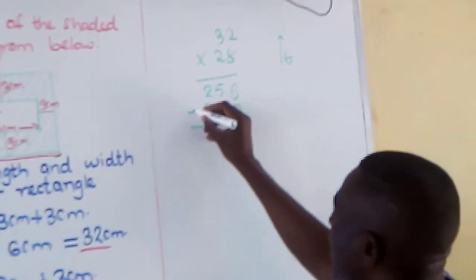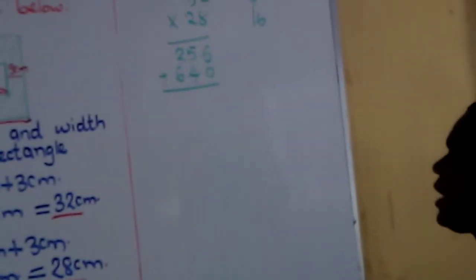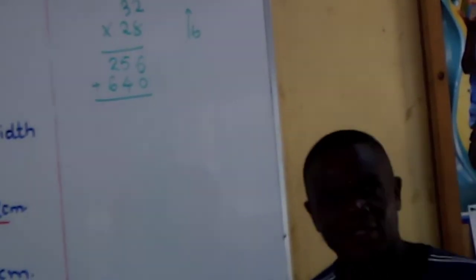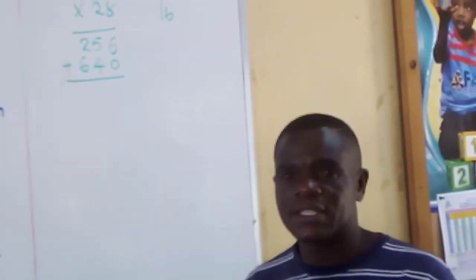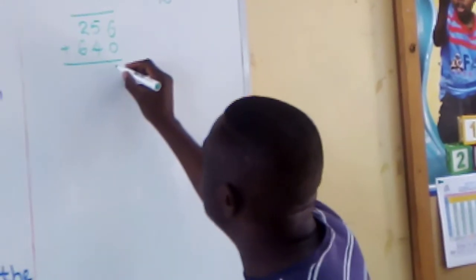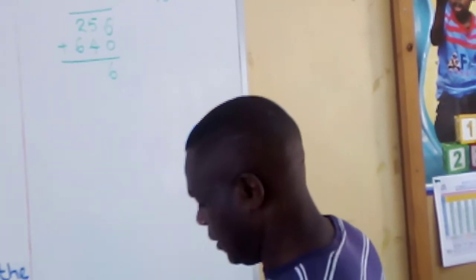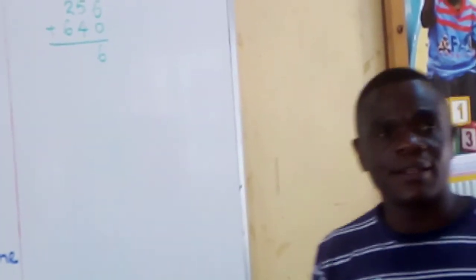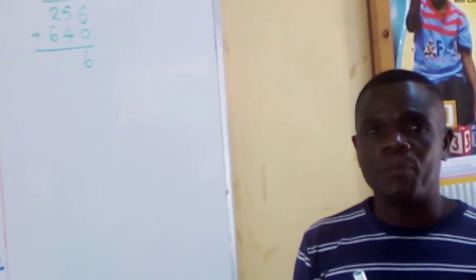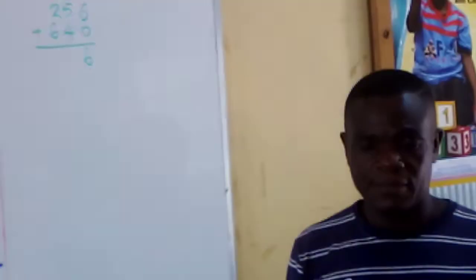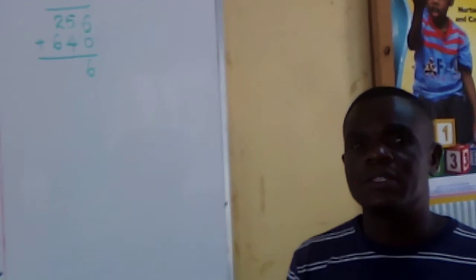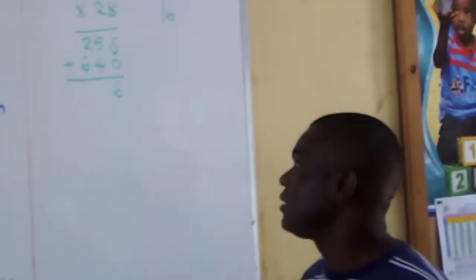Now we add 6 plus 0. Timothy. 6 plus 0 is 6. Thank you, Timothy. Shane. What is 5 plus 4? 5 plus 4 is 9. Thank you, Shane.